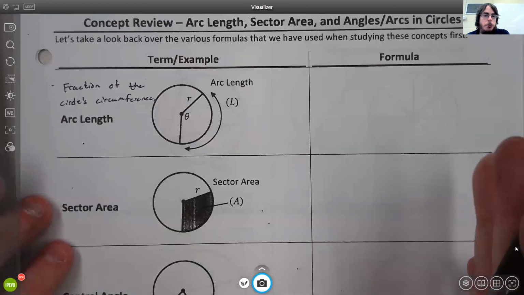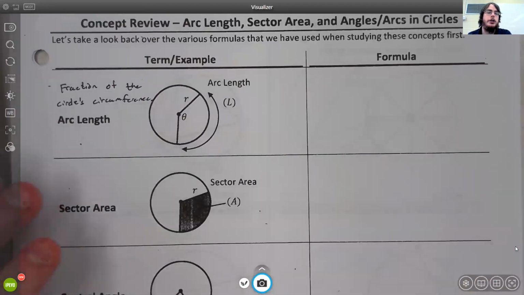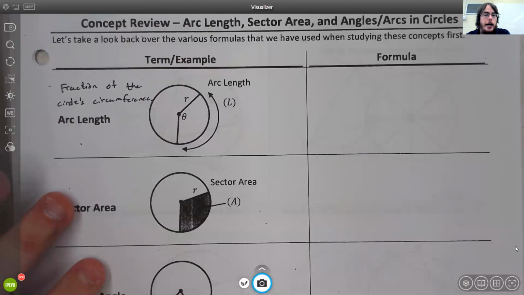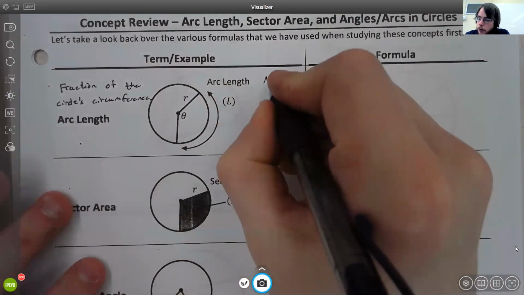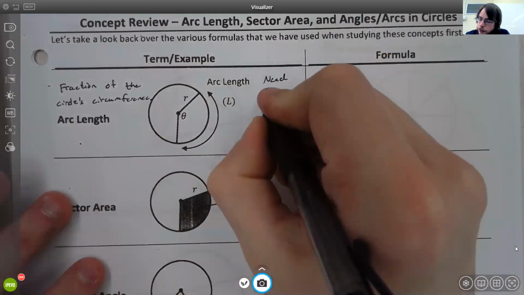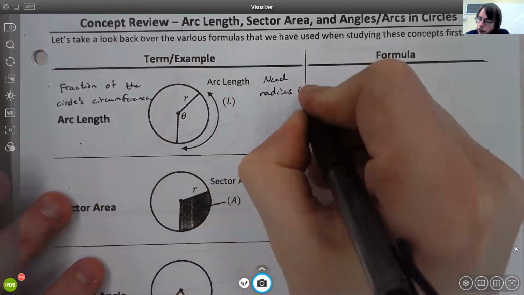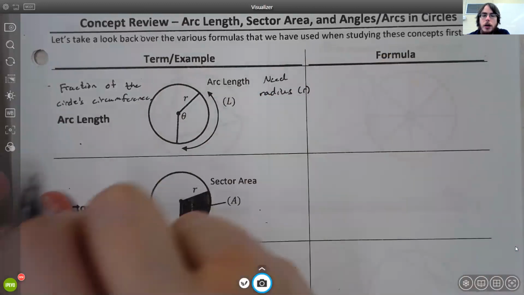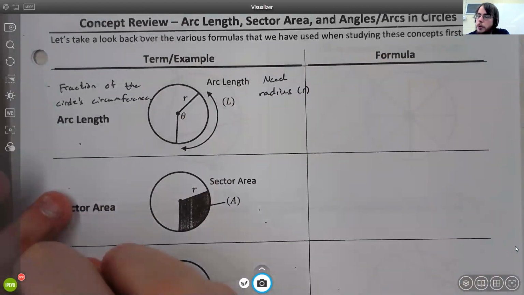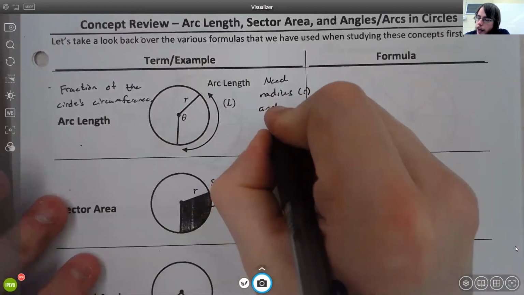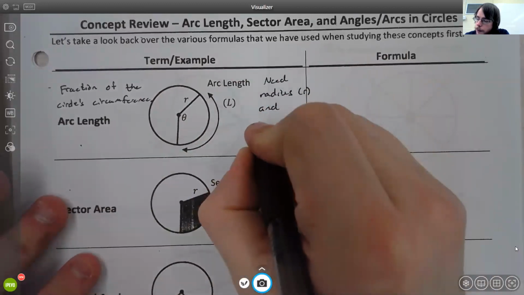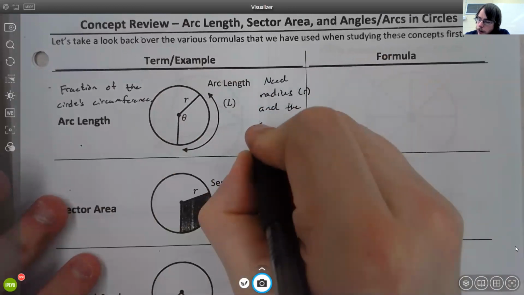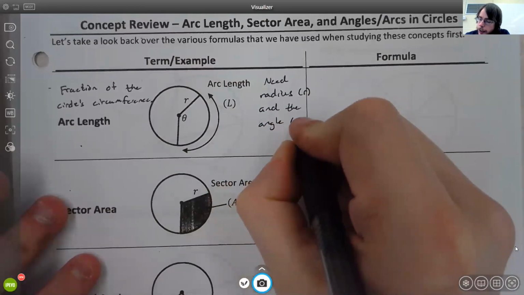There are two pieces of information that we need to determine the arc length. The first that we need is always our radius, which is r. And we also need our angle, and that's represented by theta.